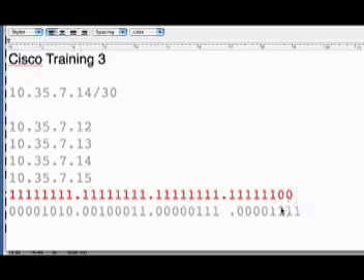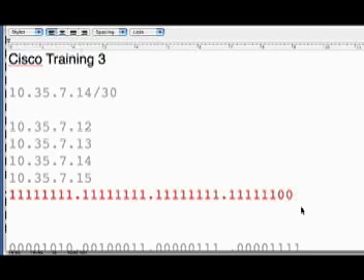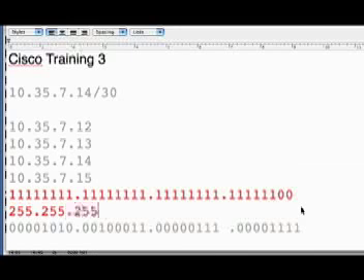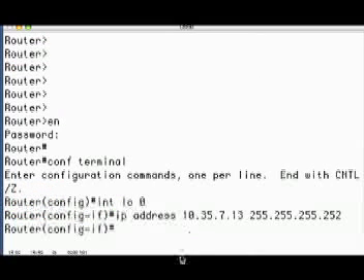These 2 bits indicate the host, so you set them to 0. And then if you convert this into decimal, these are all 1, so it's 255. These are all 1, so it's 255. These are all 1, so it's 255. These are not all 1s. If you add these up, it's 252. It's like 255 minus 2 minus 1, so 252. So that way we say that the net mask is 255.255.255.252 for a /30.